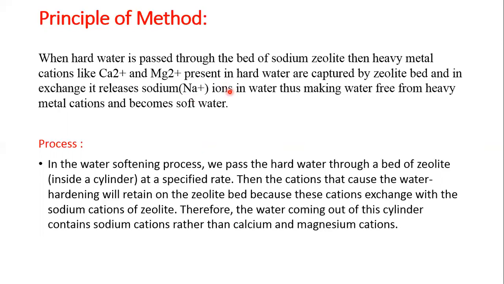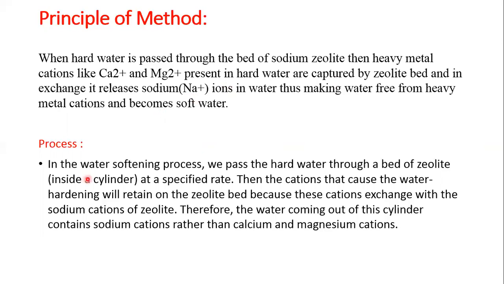That means this is just the exchange of ions. In place of sodium plus, now we have calcium plus 2 and magnesium plus 2. In this way, the heavy metal cations get removed and your water becomes soft in nature.